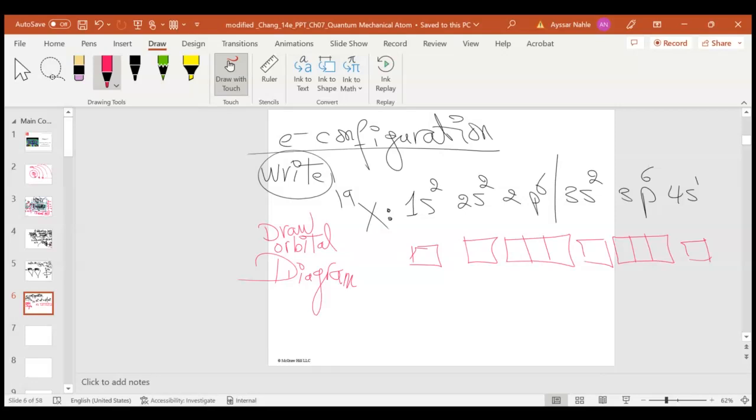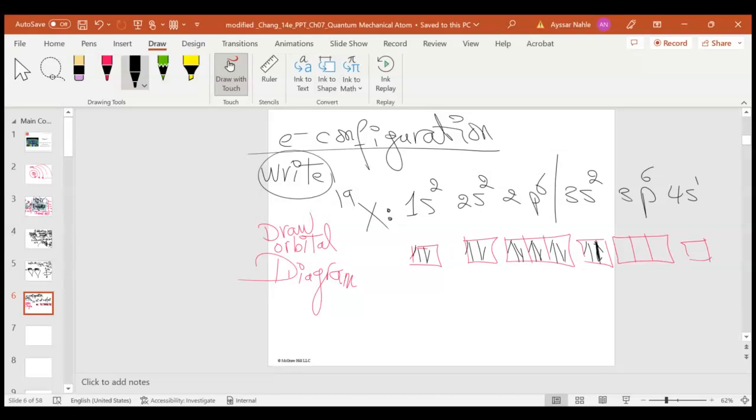Now I want to put the electrons inside. 2 electrons, 1 up, second one down. Up, down. 1, 2, 3. Remember the filling, yes? 4, 5, and 6. 1, 2.